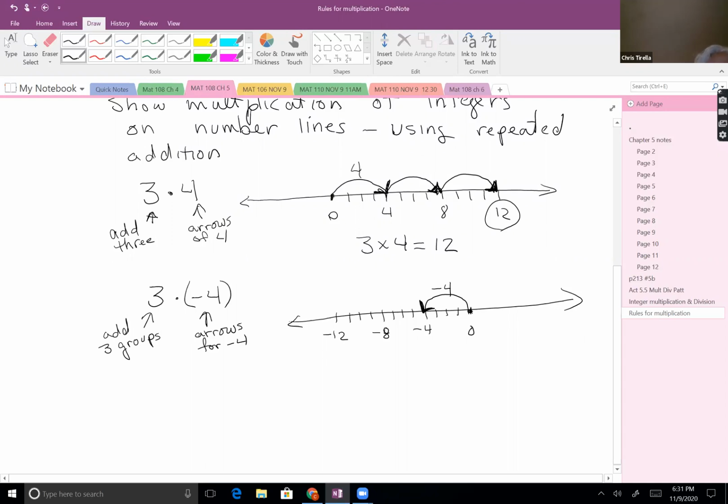So that's my first arrow of negative 4. I'll add to it my second arrow of negative 4. And then I'll add on that third arrow of negative 4. And this would verify that 3 times negative 4 would give me negative 12.